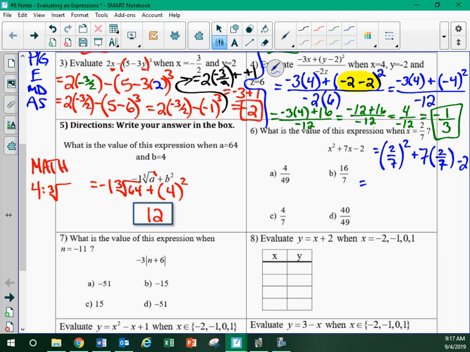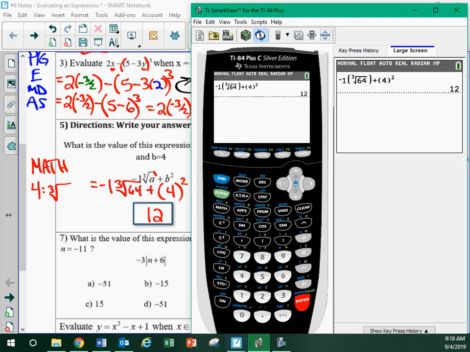So 2/7 squared plus 7 times 2/7, minus 2. On your calculator, what is 2/7 squared? It's a crazy decimal, but it does go back into a fraction. We want to go parentheses, make sure you have those parentheses. 2 divided by 7.